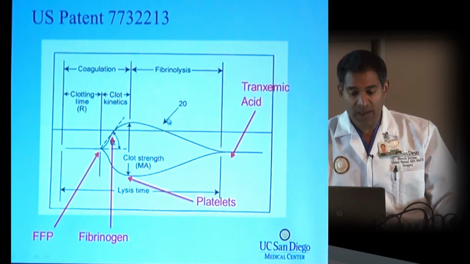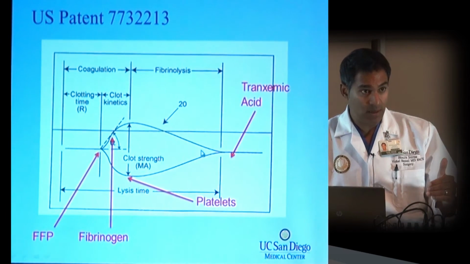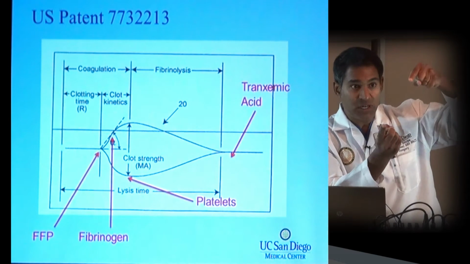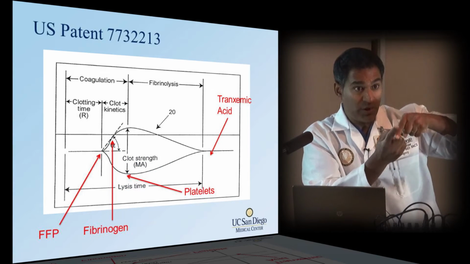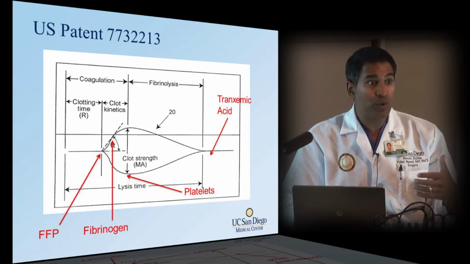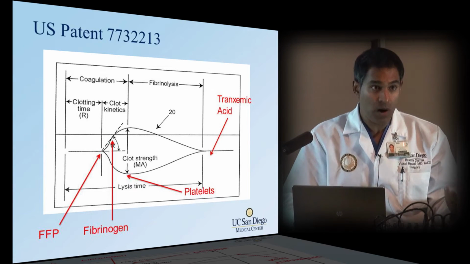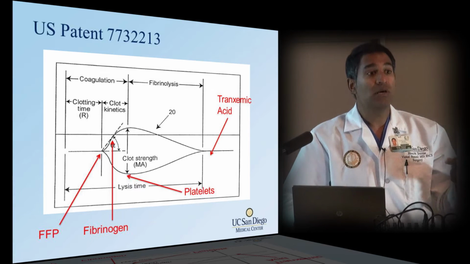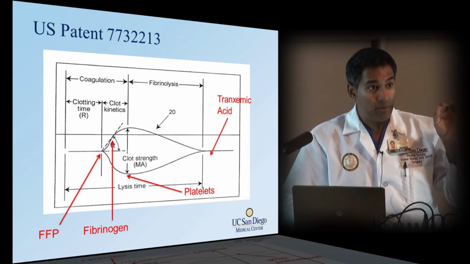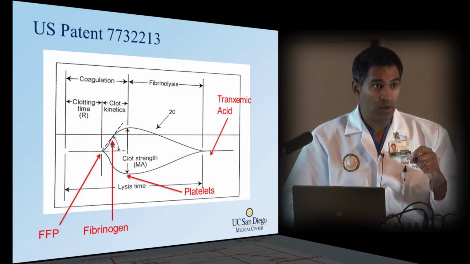Finally, you've got the clot lysing. If these two lines start to come together quickly, now we're starting to have clot lysis, so that clot's starting to break down. That's when we start to use agents like tranexamic acid or Amicar, because at that point, the patient is hyperlytic and they're breaking down clot, not just not being able to form it, but also breaking it down quickly.